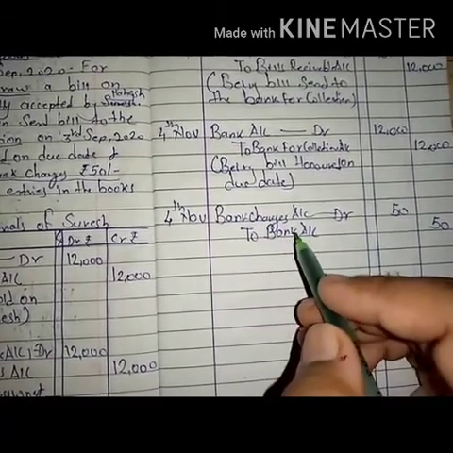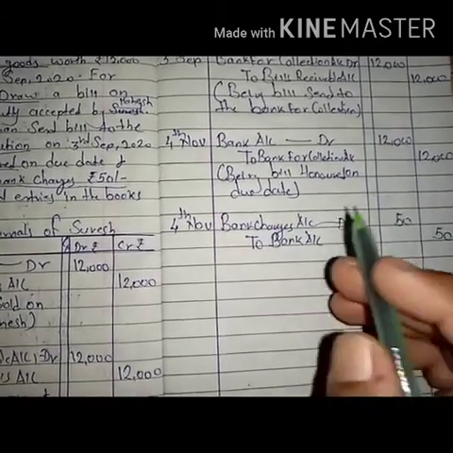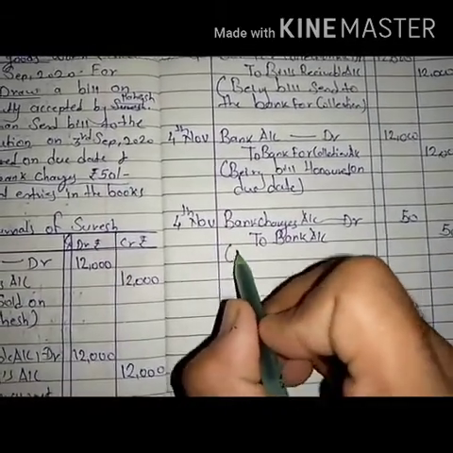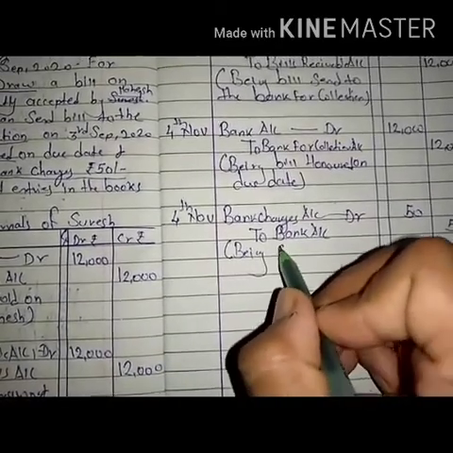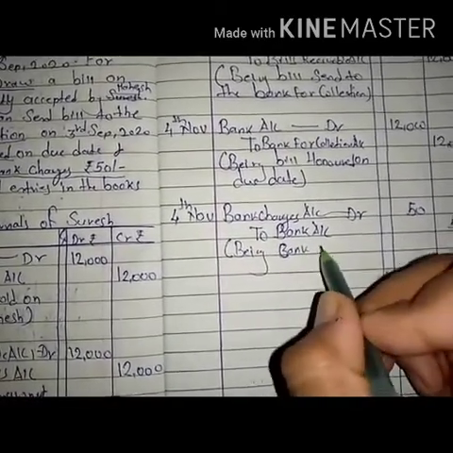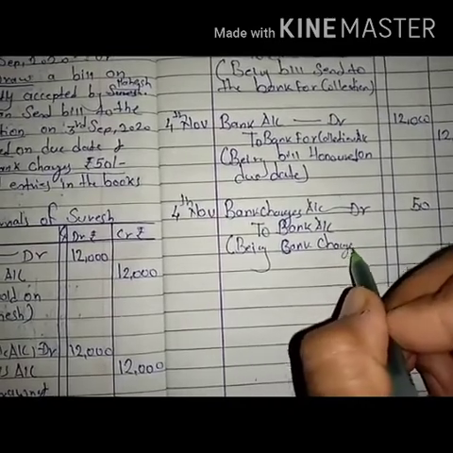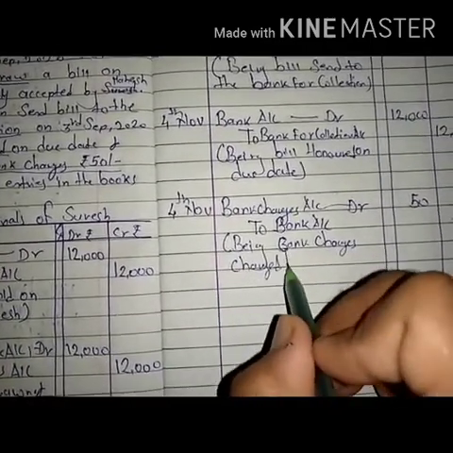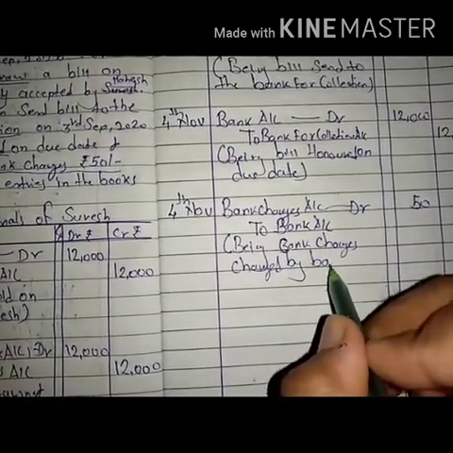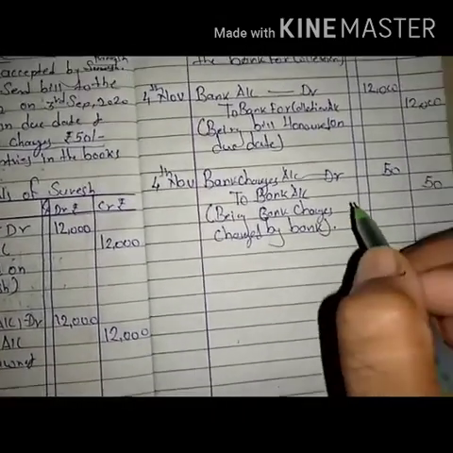The bank account is a personal account, it is the giver of these charges, so it is credited, the giver. Being bank charges charged by bank.